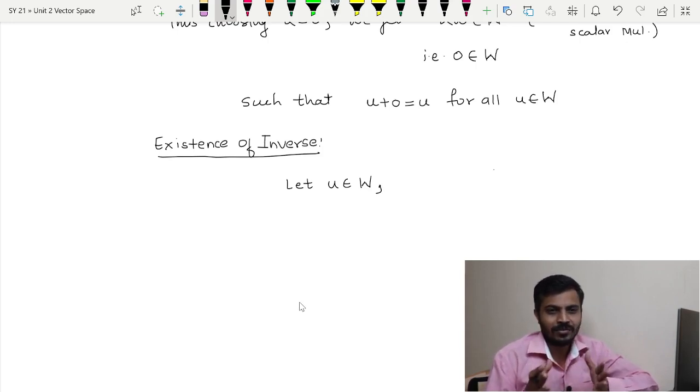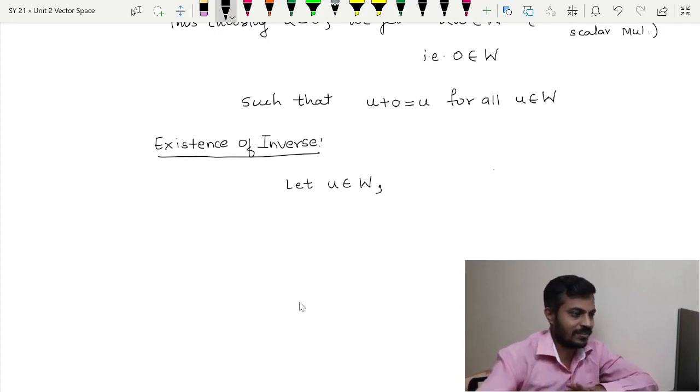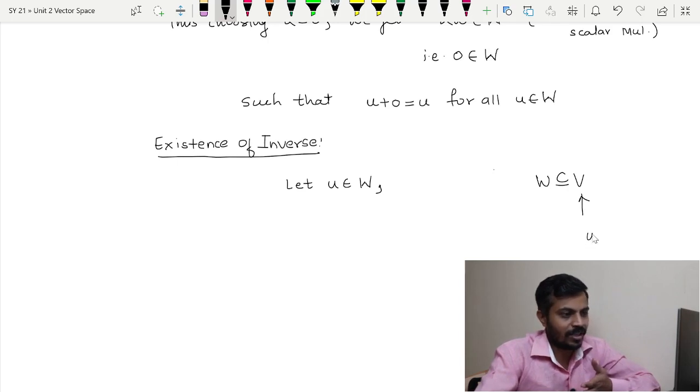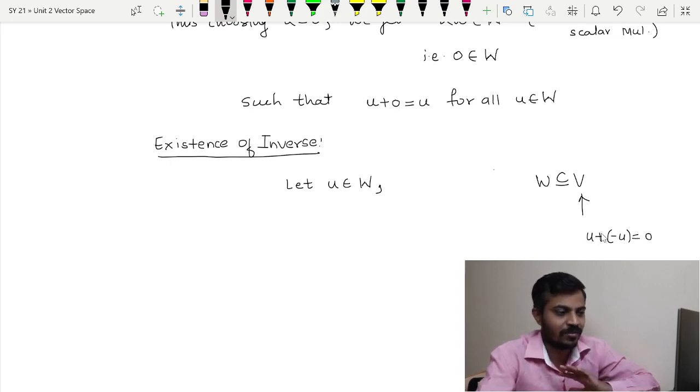U plus minus u will be equal to 0, that is not the issue at all, because this u is actually an element of v only. So, in v that property is already satisfied, right? Since w is a subset of v, this u lies in v here, and we already know that for an element of v, we already have some element minus u such that u plus minus u is equal to 0.